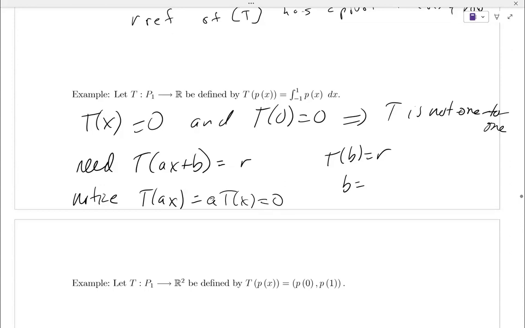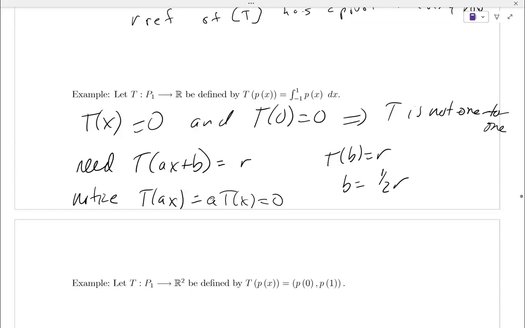If I want the integral to equal r, I want that area to be r. What's its base? Its base is 2. So what do I need the height to be to get the area to be r? Half of r, don't I? I need to use half of r, and then the integral will equal r.